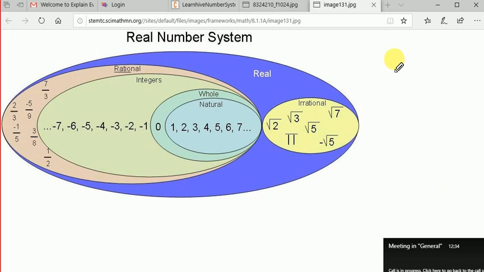Now what are complex numbers? Complex numbers are when a number is negative, under root of any negative number is a complex number. It is described with i, which is known as iota, and the value of iota i is under root minus 1.